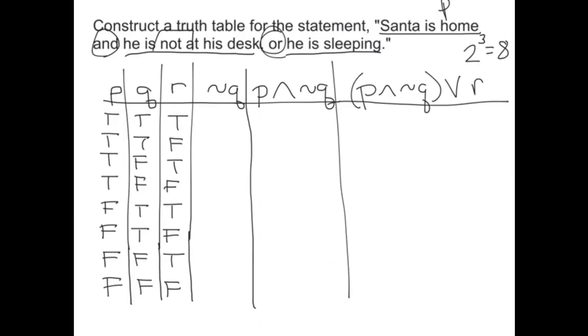Okay, so not Q is not going to be terrible. I just need to look at the Q column and do the opposite. So the opposite of the Q column is false, false, true, true, false, false, true, true. Then I need to do the conjunction, P and not Q. So I have a true, false, that makes false.